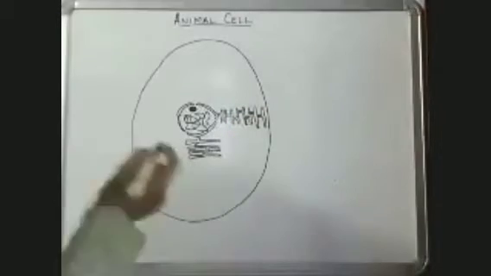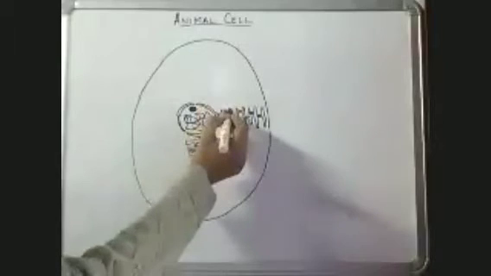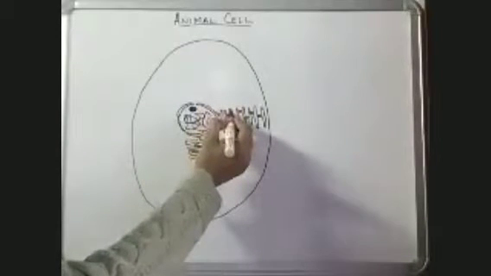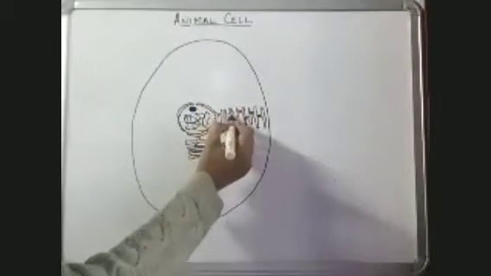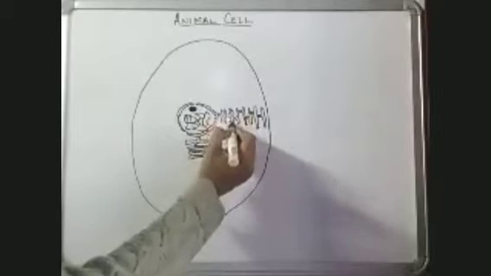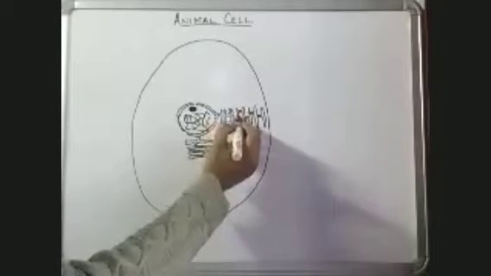Some of the endoplasmic reticulum have ribosomes attached to their boundary, like this.